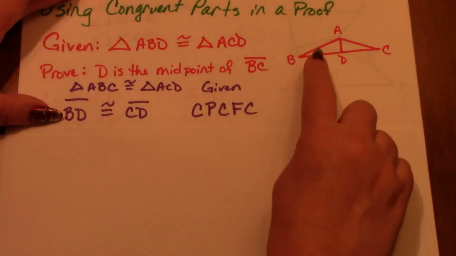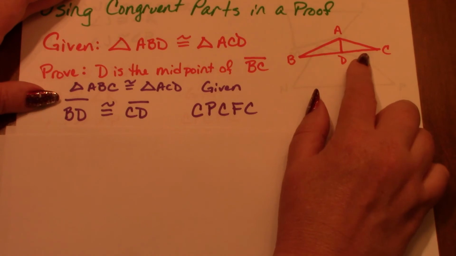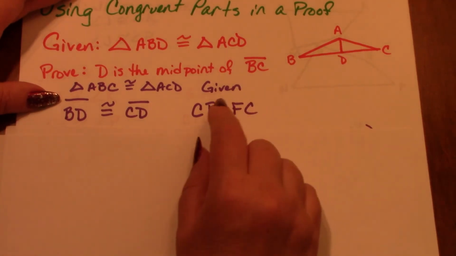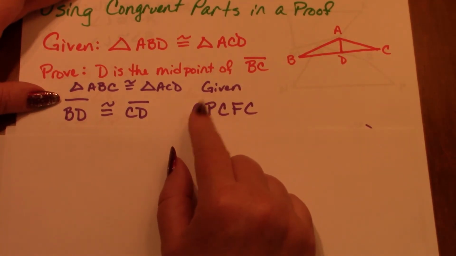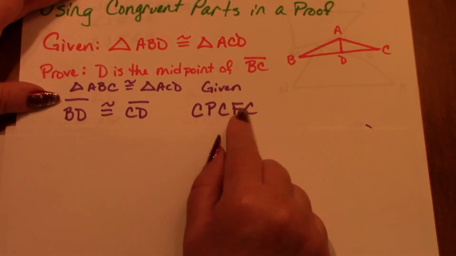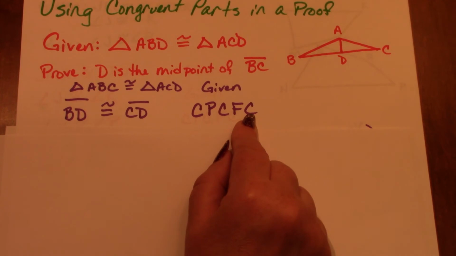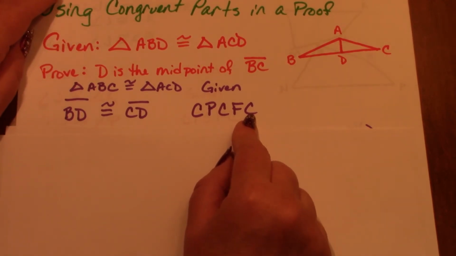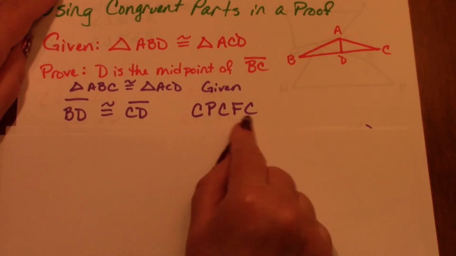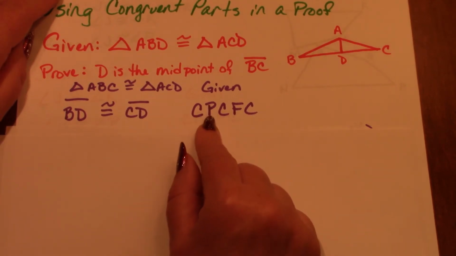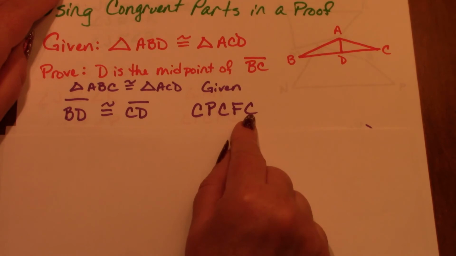That we know that line BD is congruent to line CD because corresponding parts of congruent figures are congruent. We're going all the way back to the very first page of this section's notes. We know this to be true. Corresponding parts of congruent figures are congruent.